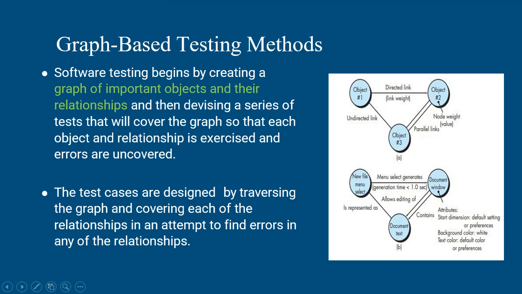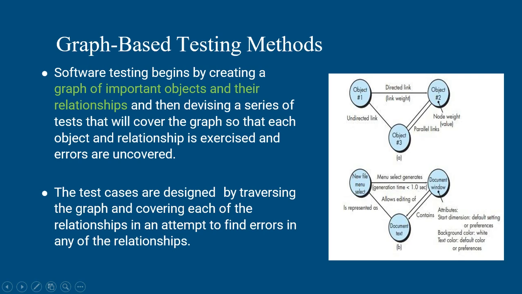Now in graph based testing, we take the example shown in this picture. Object 1, object 2 and object 3 are there. Object 1 and object 2 are directly linked: there is a link from object 1 to object 2, with an arrow pointing to object 2, which we call a directed link.